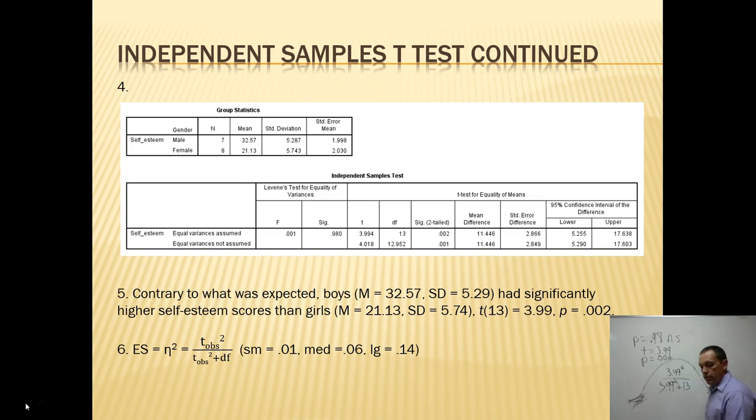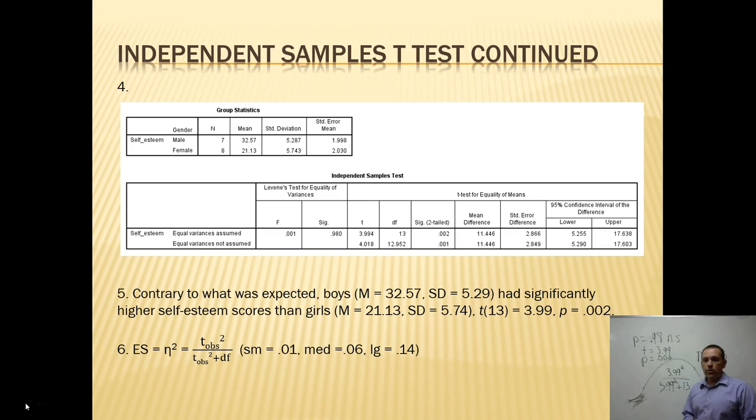So if you get your calculator out, we can take 3.99 squared and divide that by 3.99 squared plus 13, and that's going to equal 0.55. So eta squared equals 0.55.